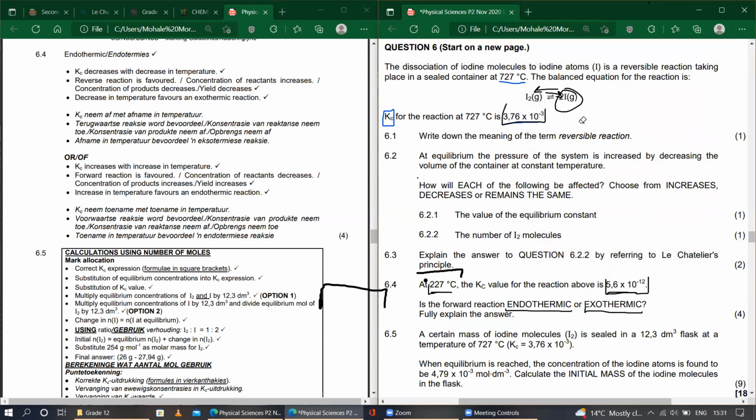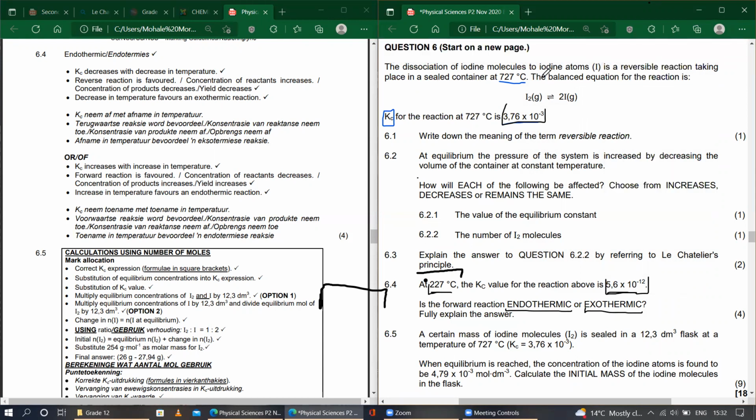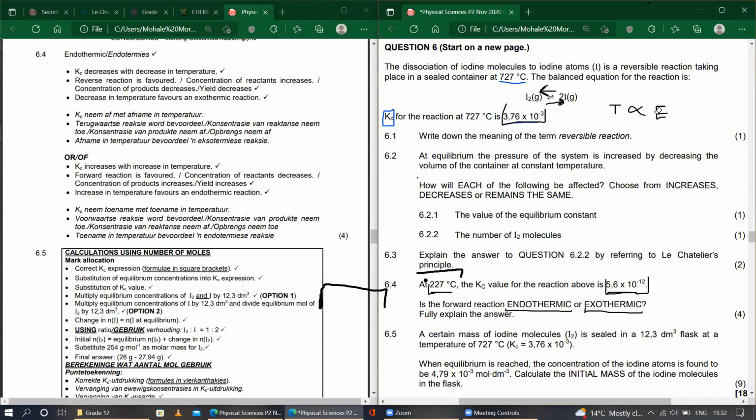Did you hear me? Yes, sir. So since the reverse reaction is going to be favored, that means the forward reaction needs energy in order for it to happen, and the reverse reaction releases energy, because temperature is directly proportional to energy. Does that make sense? Yes, sir.